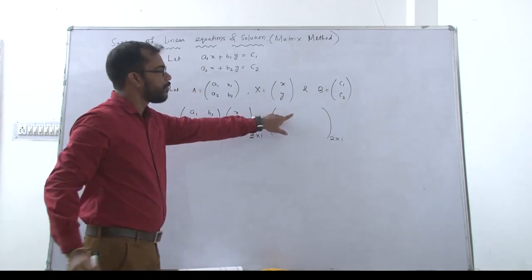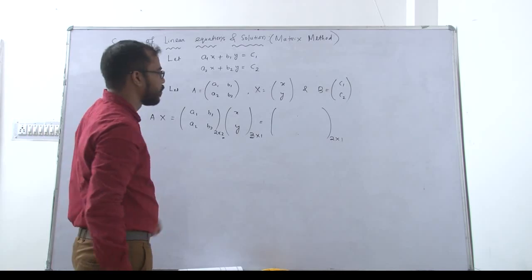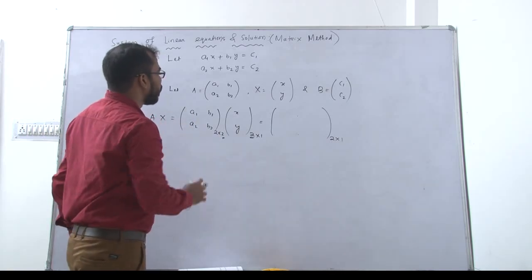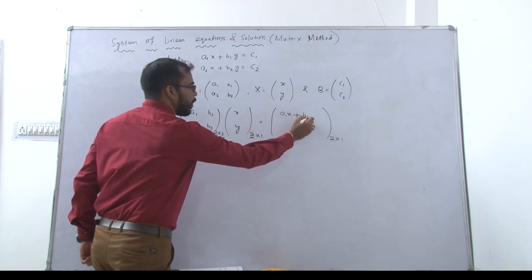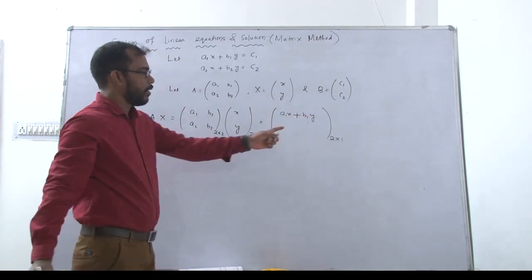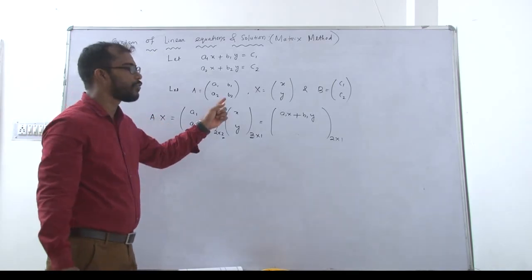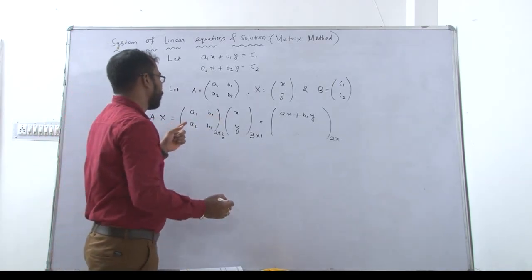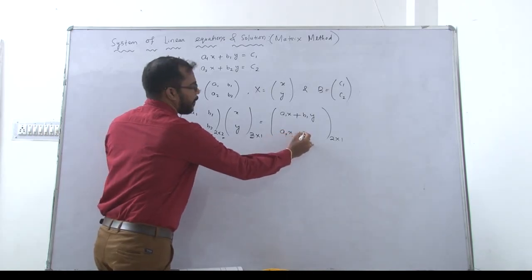So this is the position of first row and first column. If we multiply them, we get a1x plus b1y, and in the second row first column, we get a2x plus b2y.